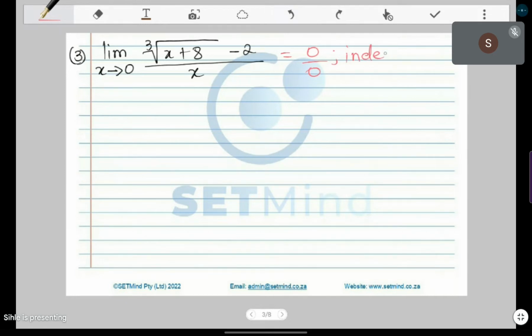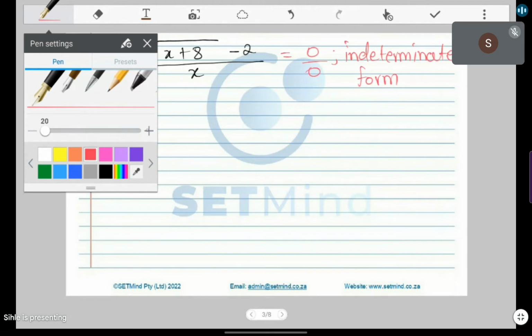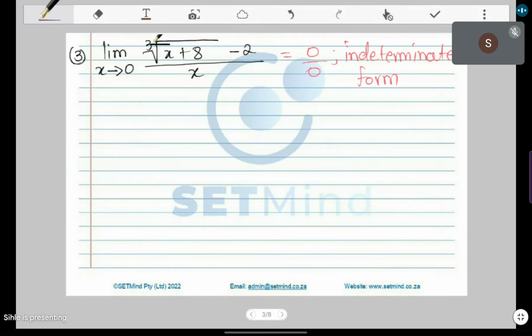Indeterminate form. So all we need to do for this one is try to rationalize this by simply doing this.